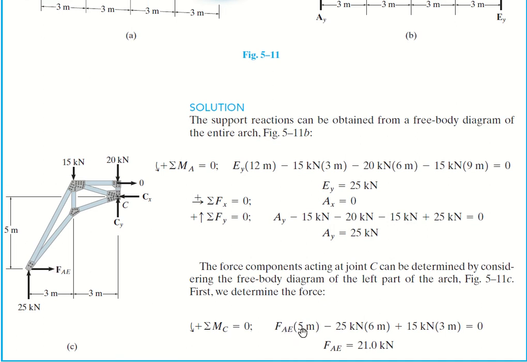So FAE into 5 minus this 25 into 6, plus this 15 into 3. Since this 20 is also passing through point C, it will not create any bending moment. Solving this equation will give us the value of FAE, which is equal to 21 kilonewton.